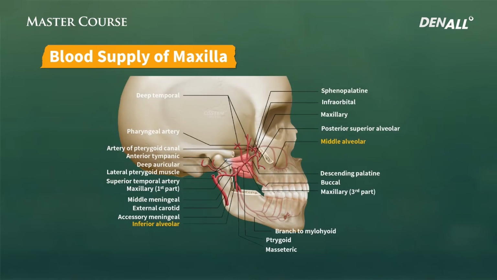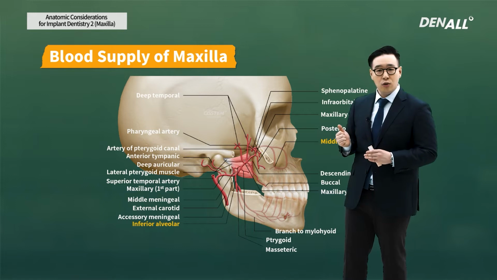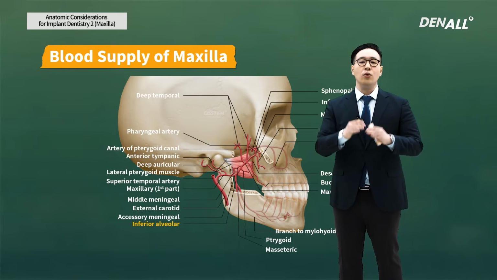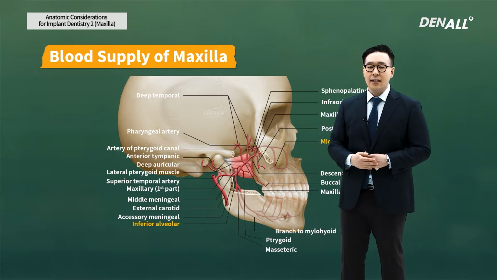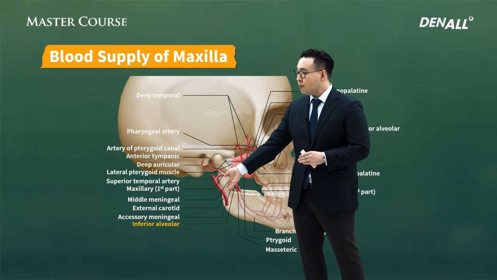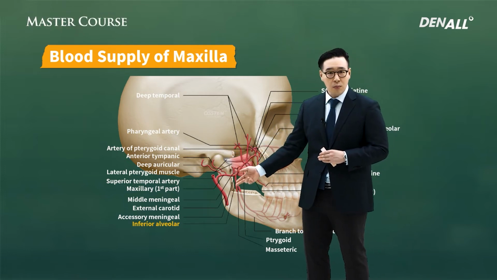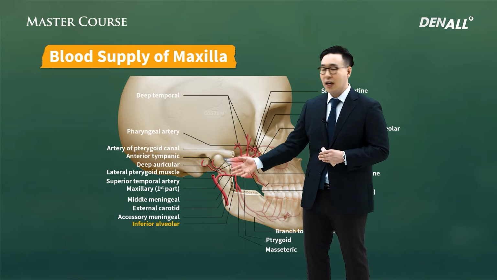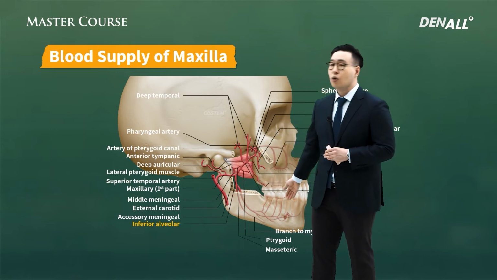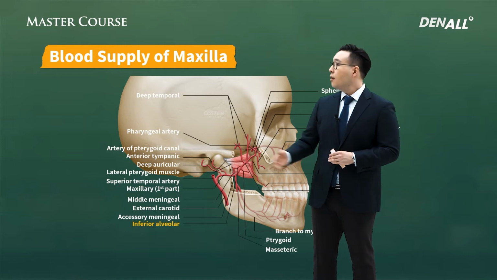This has many branches and flows to the front of the maxillary side, and that can be divided into 3 parts. The first part is the mandibular part, and the inferior alveolar artery is where it supplies blood to the mandibular side.